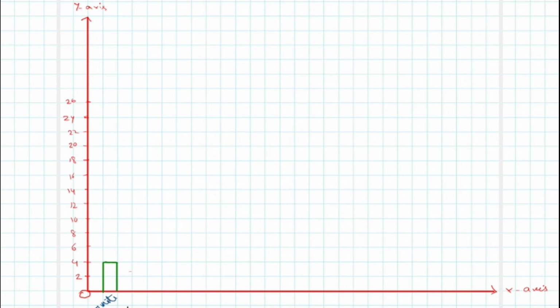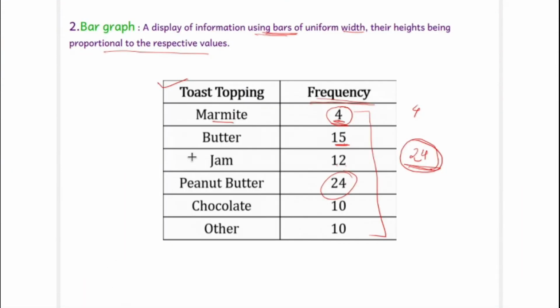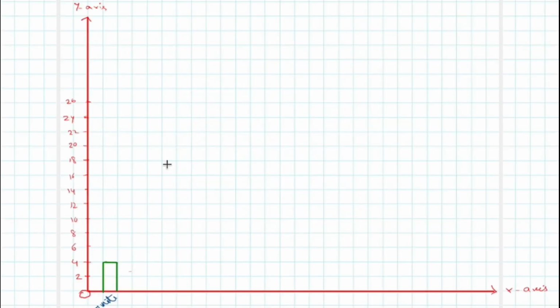This is marmite. So next one is what? Butter, 15. Now how to represent 15 here? See, this is very interesting. See, here it is 14 and it is 16. That means between 14 and 16, 15 lies. So somewhere just in between we have to draw it. So here we will leave one box and then we will mark the 15 here.